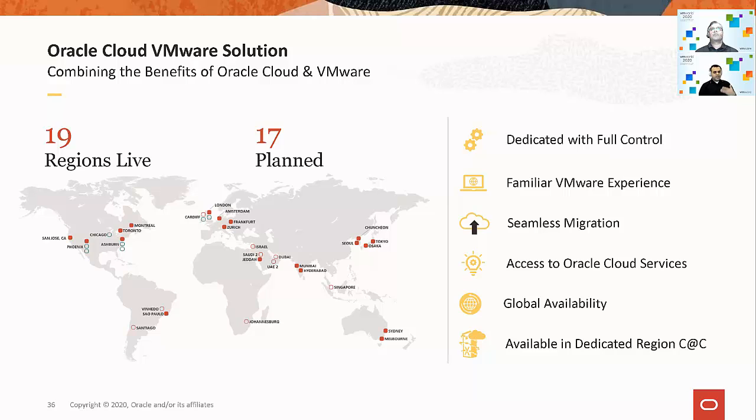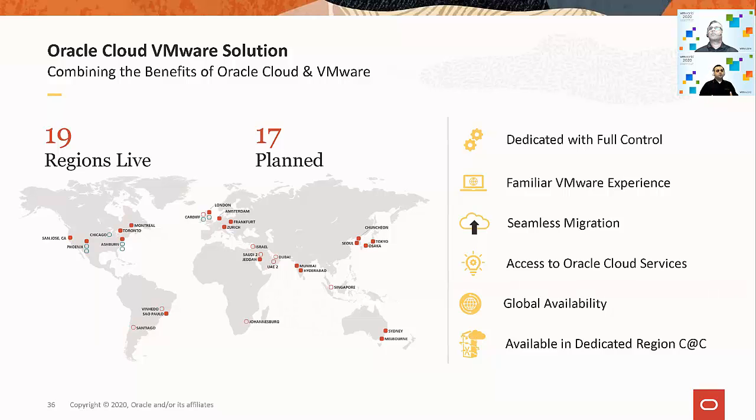Now, again, this slide will resonate and will enhance exactly what Sudhir spoke about on behalf of the VMware customers who are looking to move across onto the cloud. Customers are looking to get a familiar VMware experience. When you move across to the cloud, you don't want to do a complete revamp of how you manage your infrastructure.